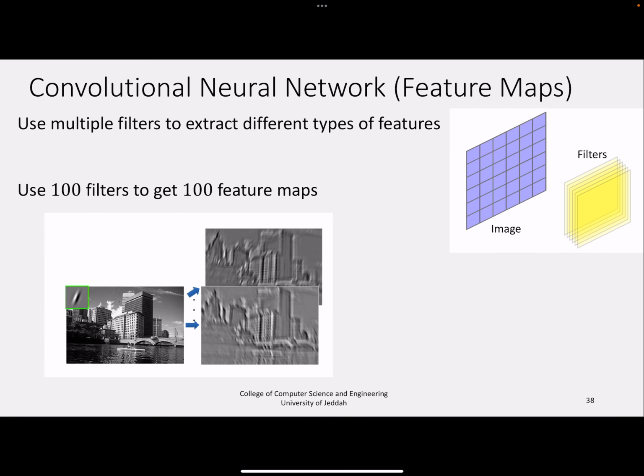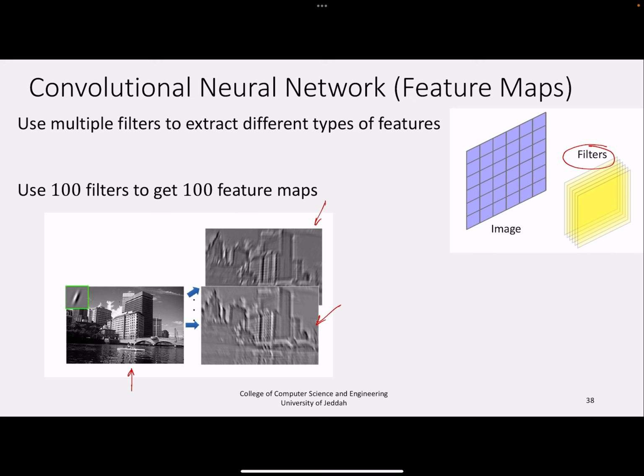Now, like you just saw, you can use multiple filters in each layer, and each filter can be used to extract different types of features. So, for example, you could have something like this as an input image, and you can use different filters to produce different feature maps for the output.